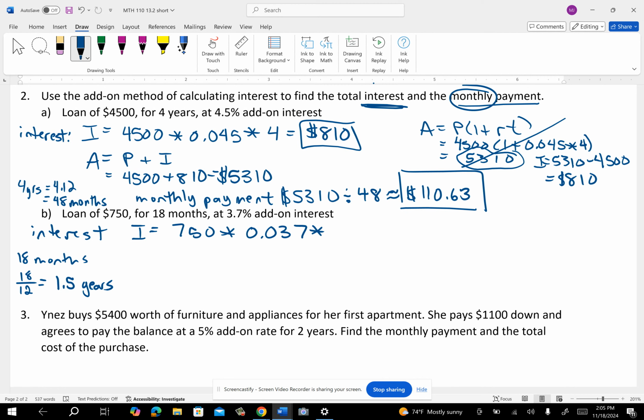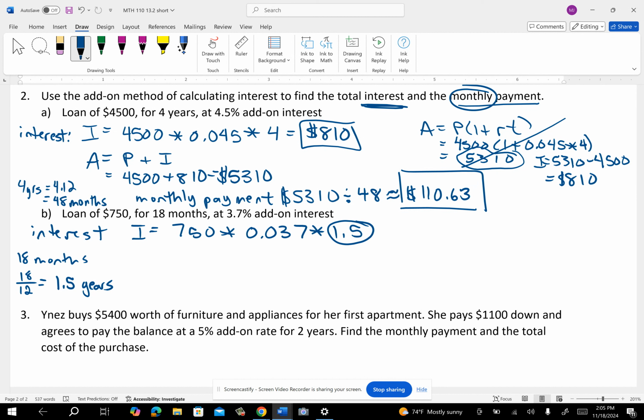So 1.5 years, so I'm going to multiply by 1.5 because those interest rates are annual interest rates. So don't multiply by 18. Make sure you're multiplying by the number of years. So, and you can do that right. You can type in times 18 over 12 if you wanted to, rather than the 1.5.